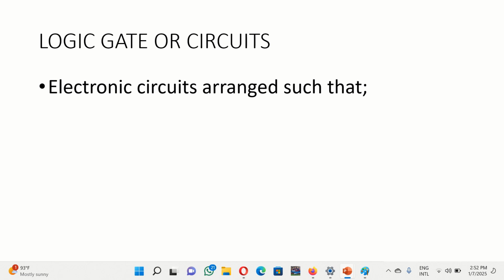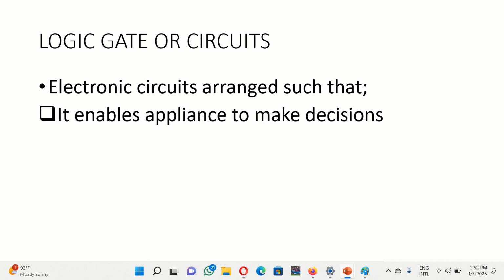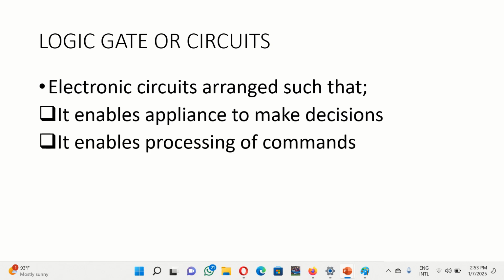These gates are just electronic circuits that are put together so that these appliances can bring about decisions. So it enables the appliance to make decisions, and then to process commands.